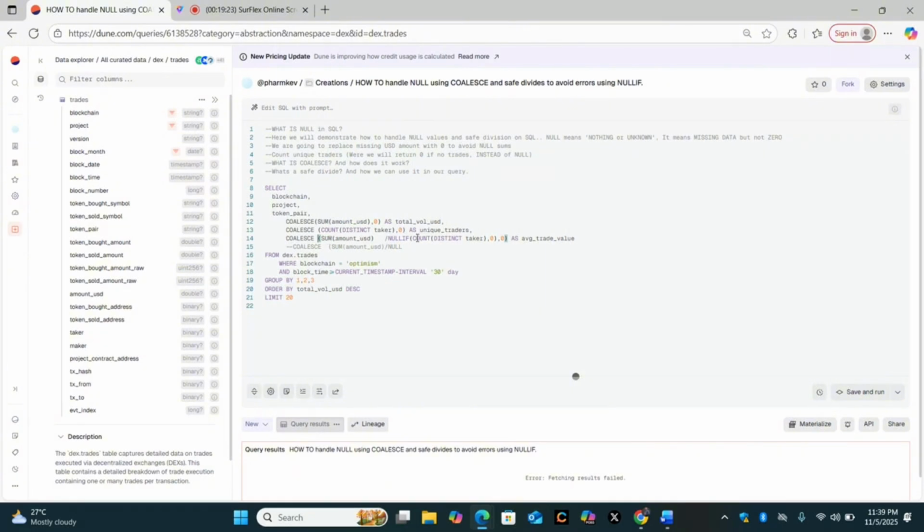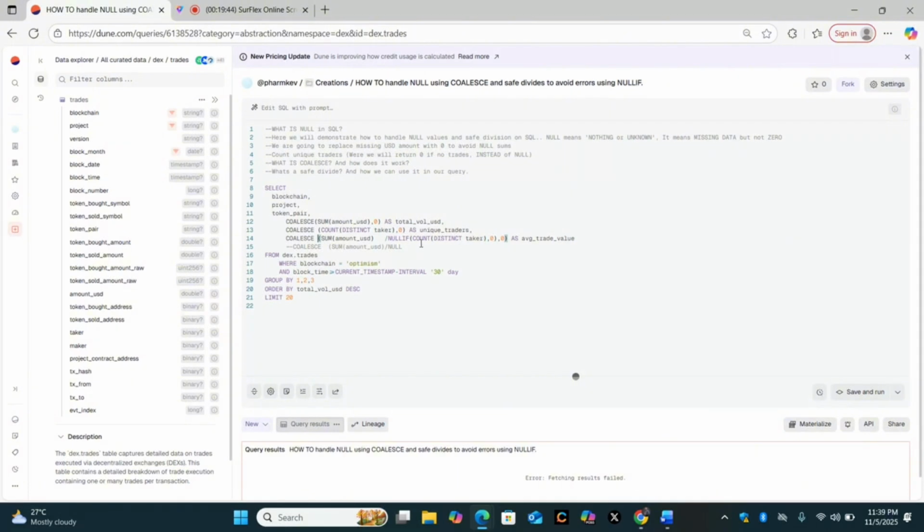We've understood that when we have counted the distinct traders, if it is 0, this will have a value, and if this has a value and here is 0, it converts it to null.